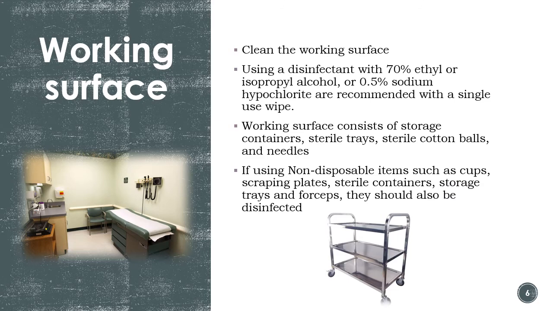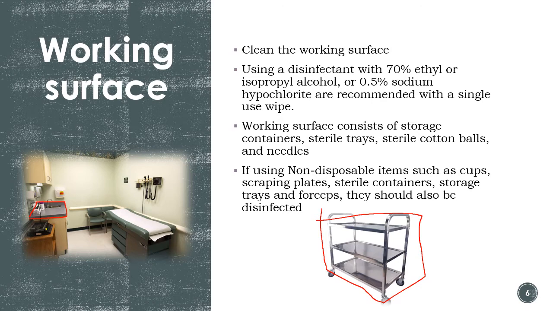So now that we are performing our aseptic technique, the first thing we're going to look at is the working surface. So this can vary depending on your layout of your offices, but it will either be like the picture on the left, which is a table, or it will be a trolley or some kind of trolley which will store all the items you will use in the procedure.